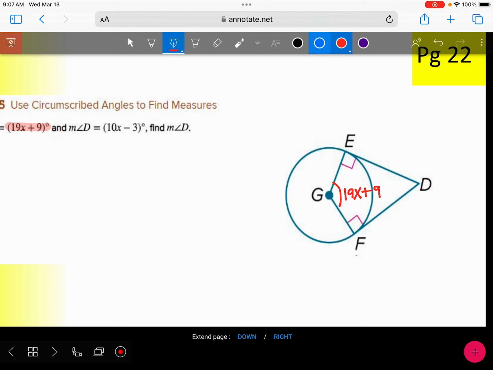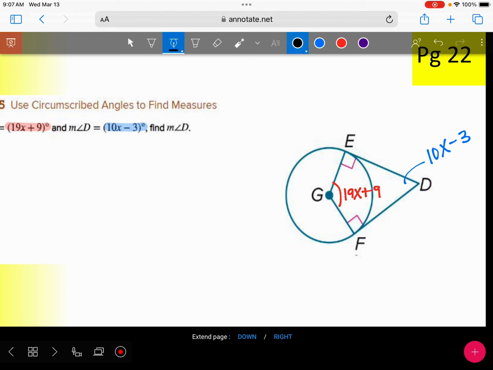And then it tells us the measure of angle D, which is 10x minus 3. That goes right here. So these two angles add up to equal 180.